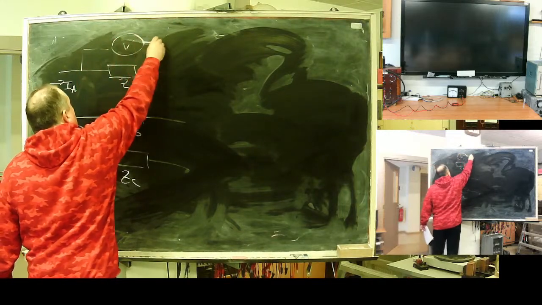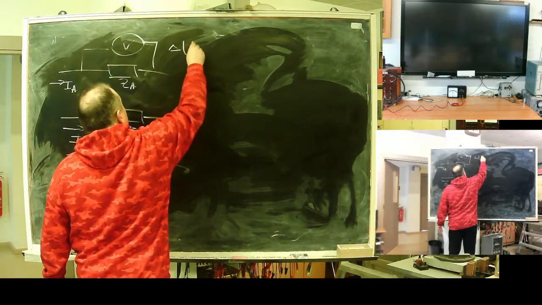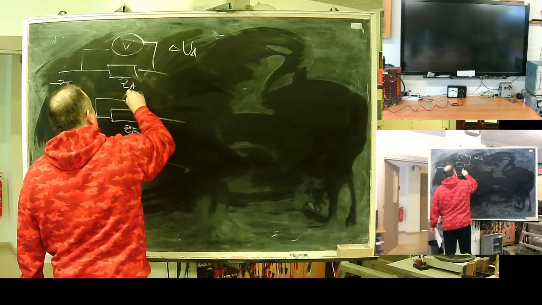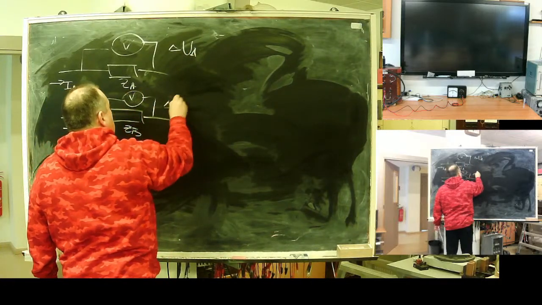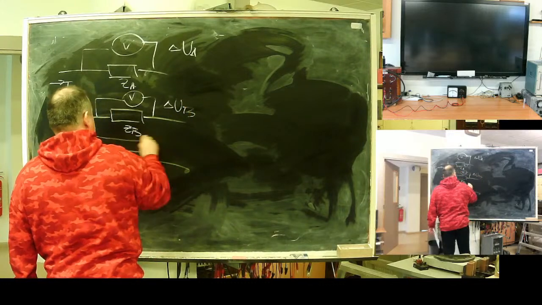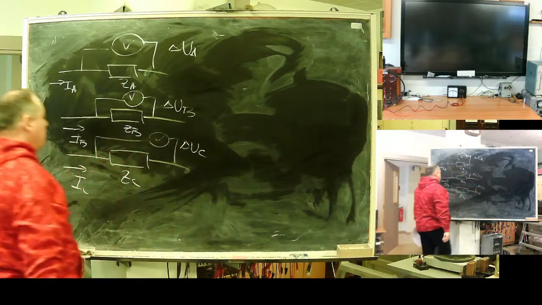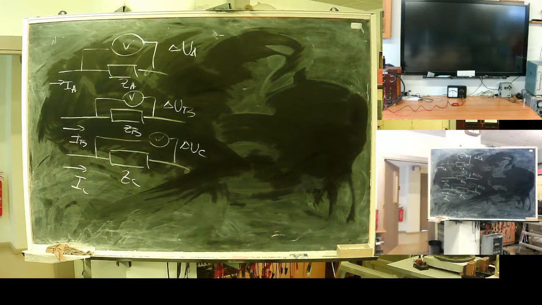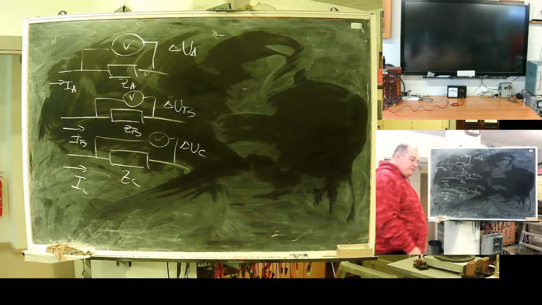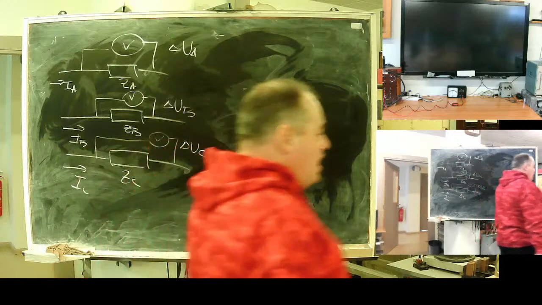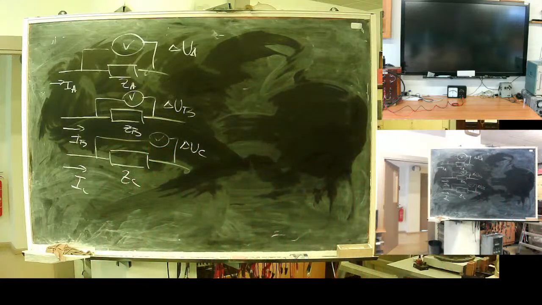And I have a voltage drop on each resistance. Here is the idea. Longitudinal non-symmetry. Different resistance in phases. Actually, I'm interested in the easier case when one wire is interrupted or two wires are interrupted.